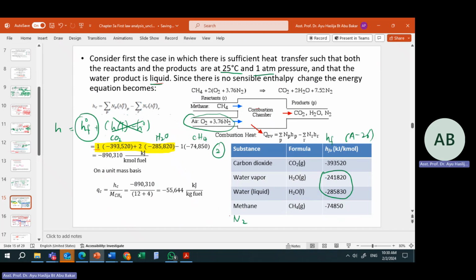Same as the N2 case just now. HF is 0. O2, HF is 0. Because the HF is 0, then it doesn't involve any sensible heat. No temperature change. So by right, the air contribution would be 0. O2 and N2, 0.